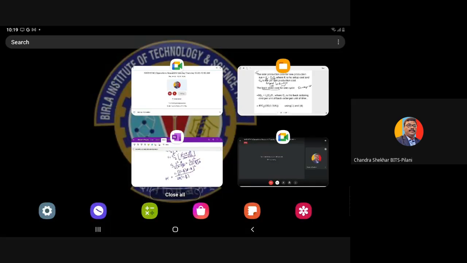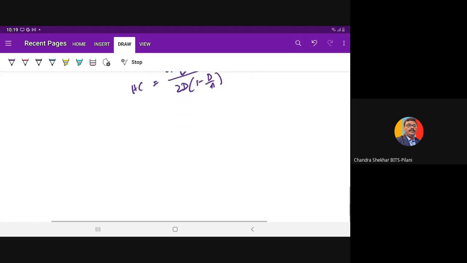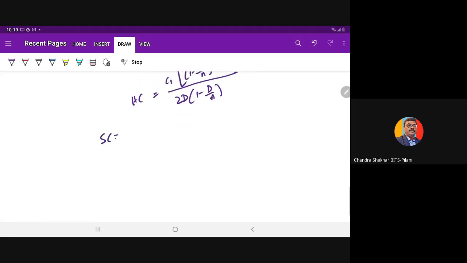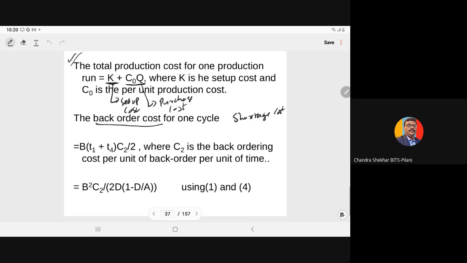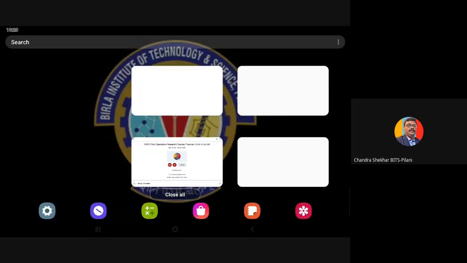So the shortage cost is B into (T1 plus T4) into C2 upon 2.